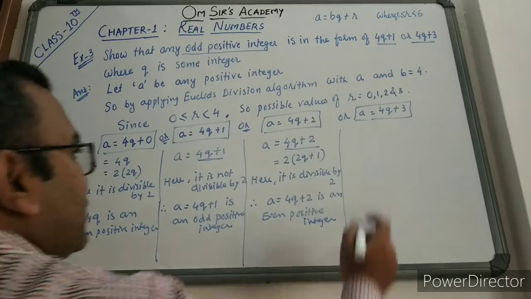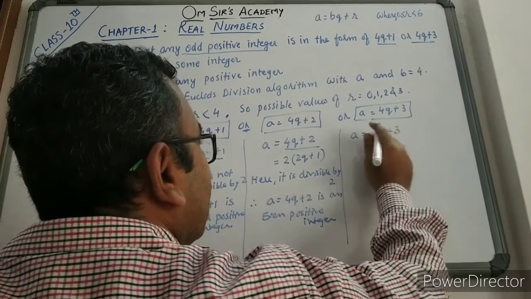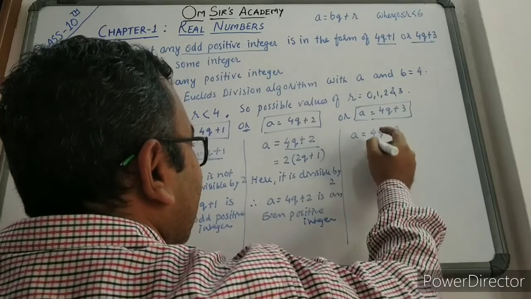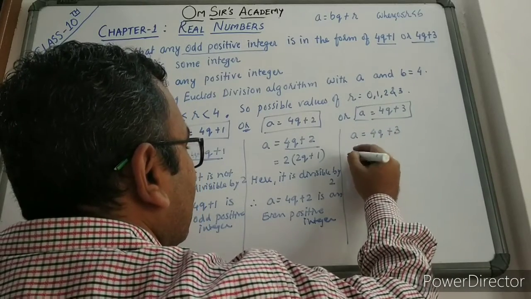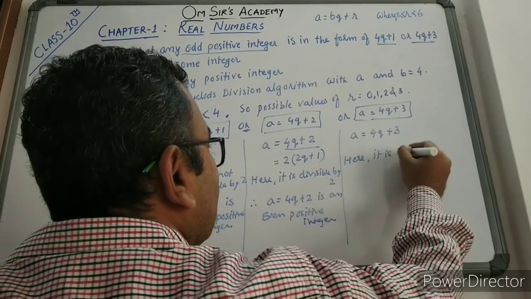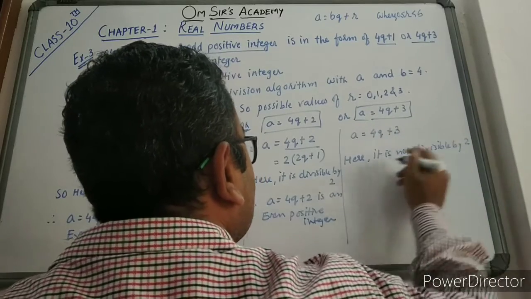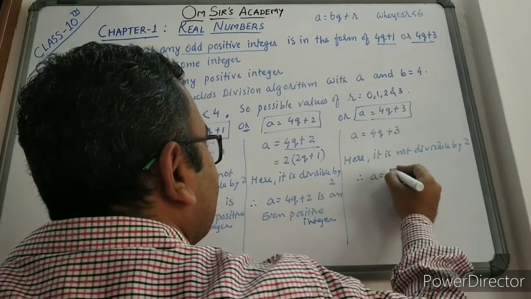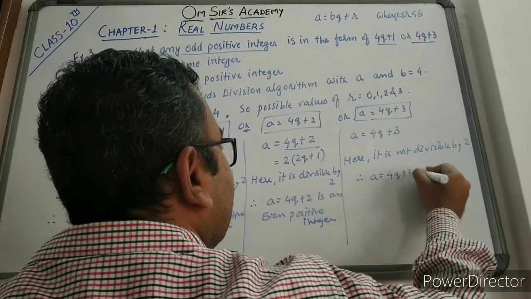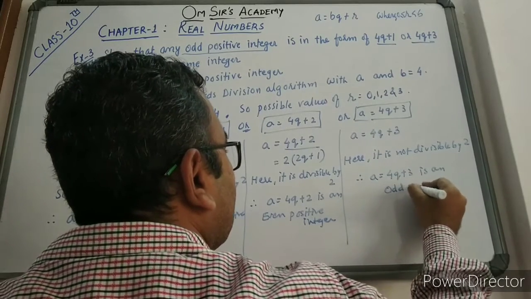And the last one, a equals 4q plus 3. In this whole term we cannot take out 2 as a common, so it is not divisible by 2. Hence a equals 4q plus 3 is an odd positive integer.